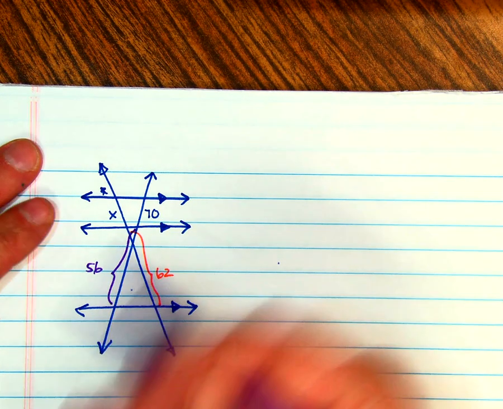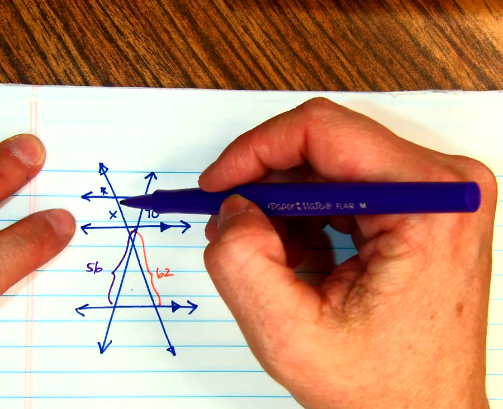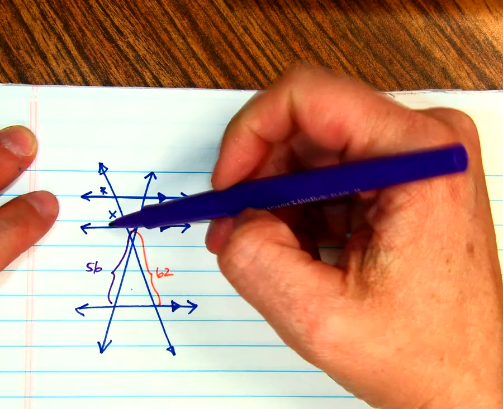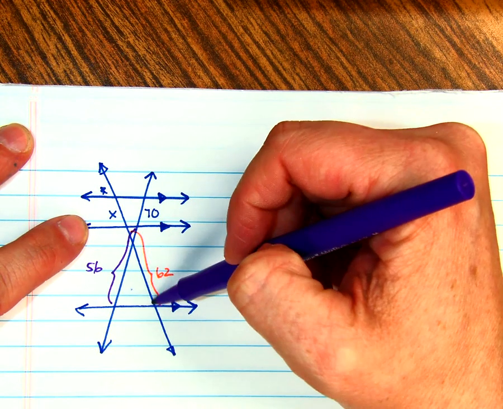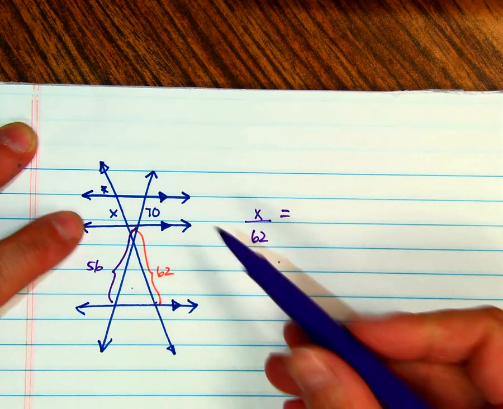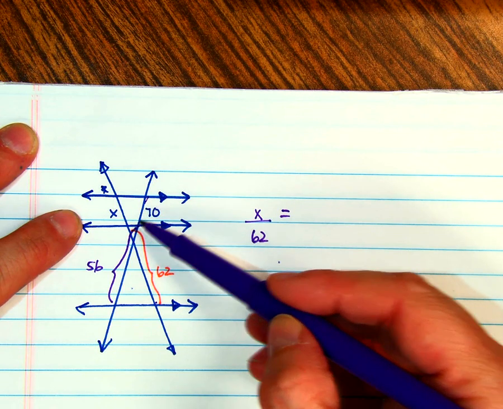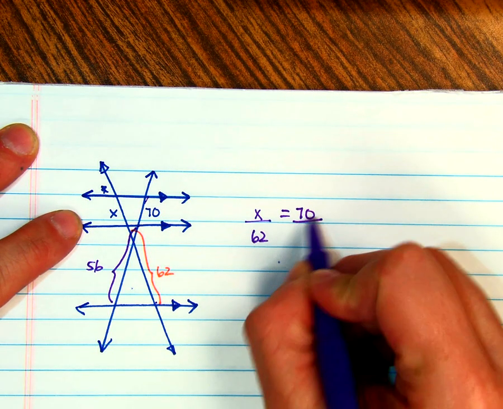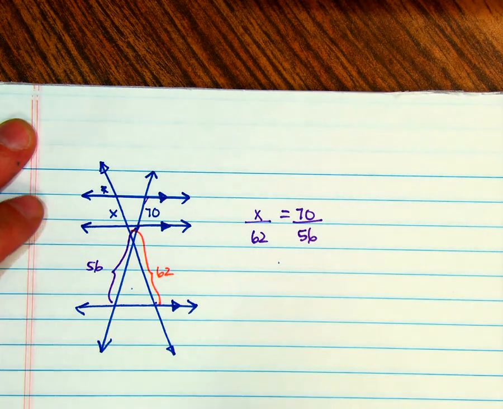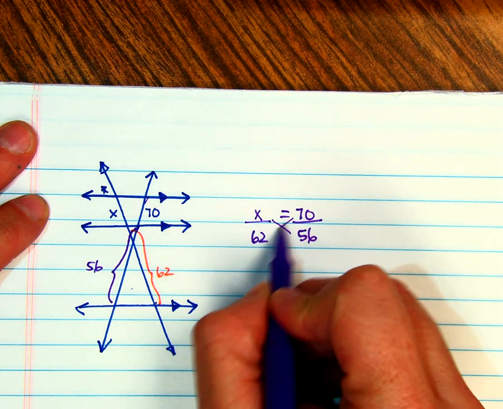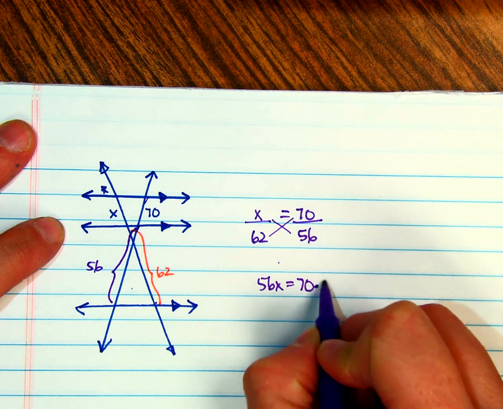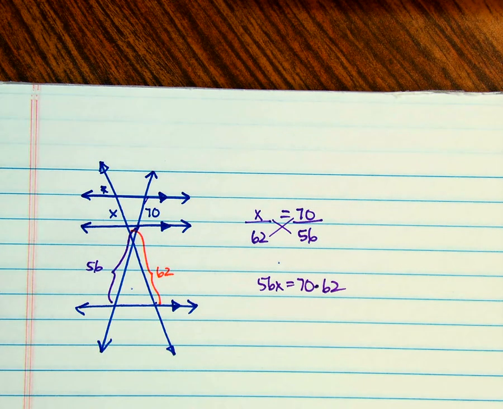This is just, like I said, in addition to the side-splitter. So this piece of x is to this piece of 62. That should equal this piece of 70 over this piece of 56. Okay, so means and extremes: 56x equals 70 times 62.